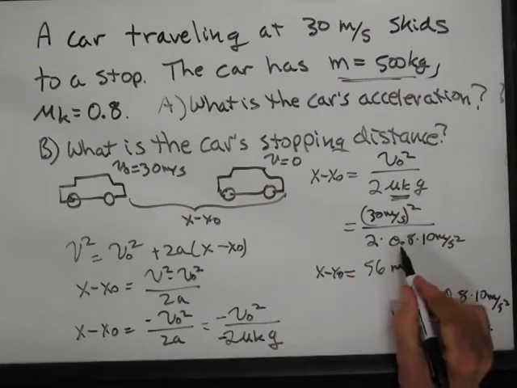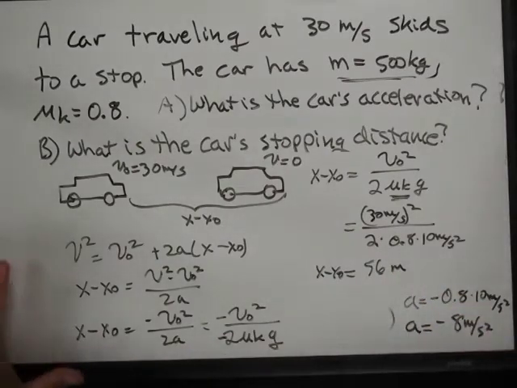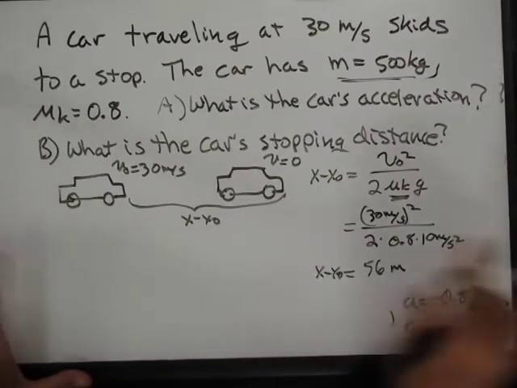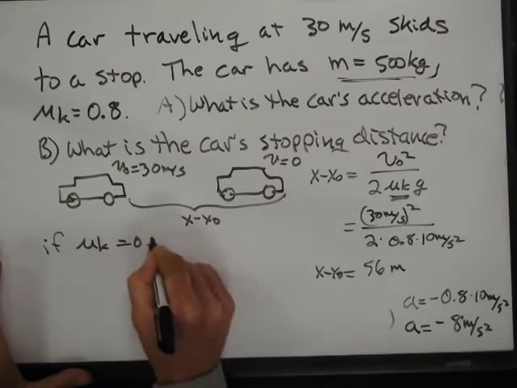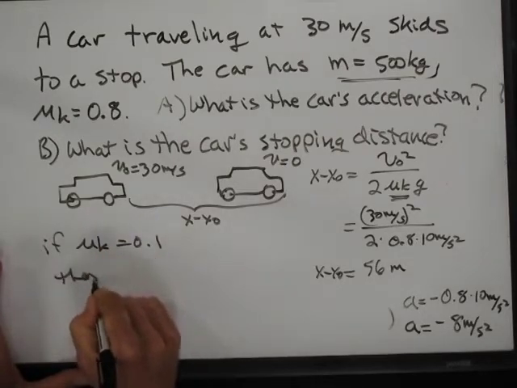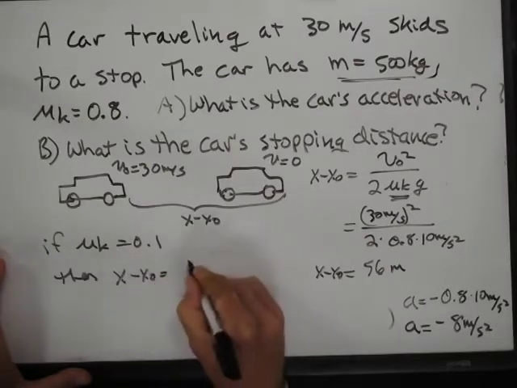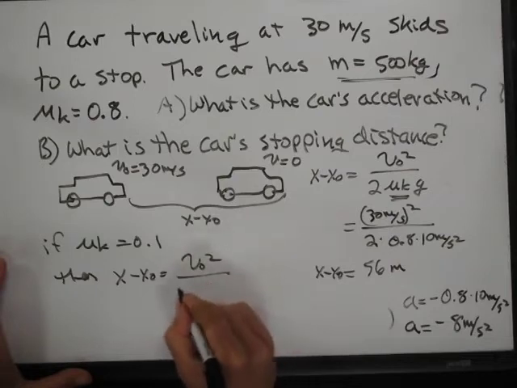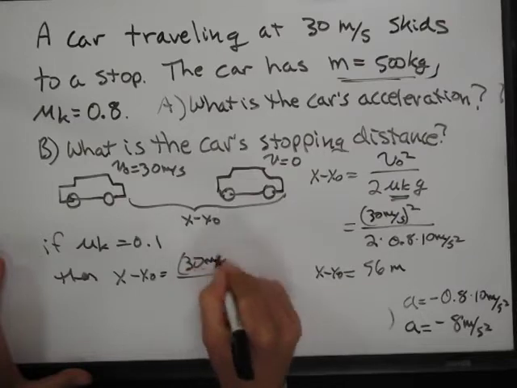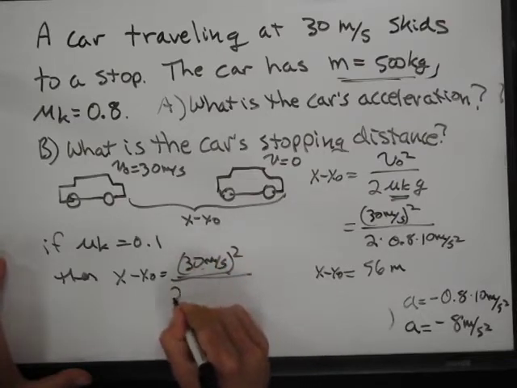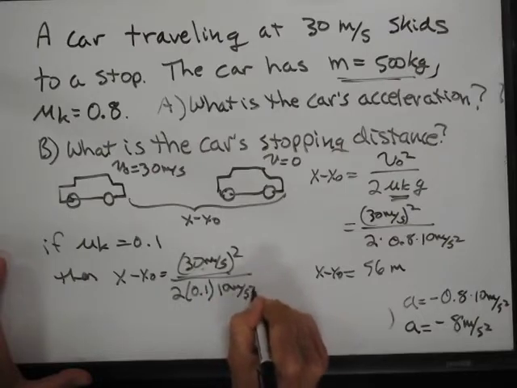If this number instead was 0.1, this number would be 8 times bigger. (30 meters per second) squared over 2 times 0.1 times 10 meters per second squared.